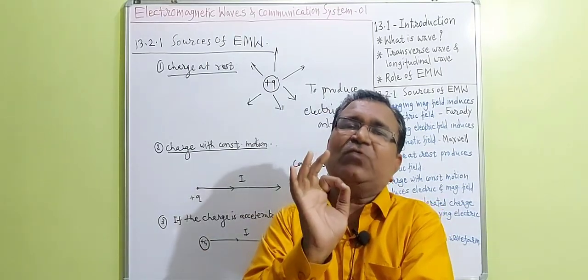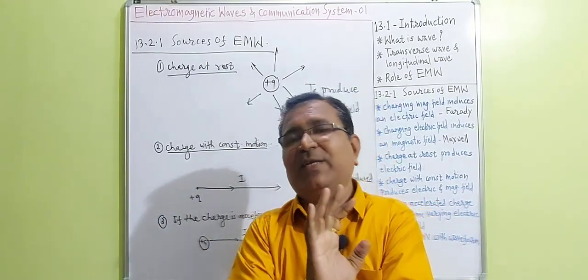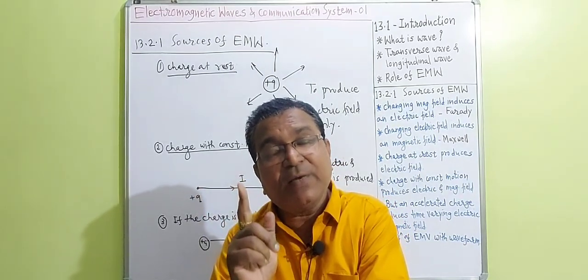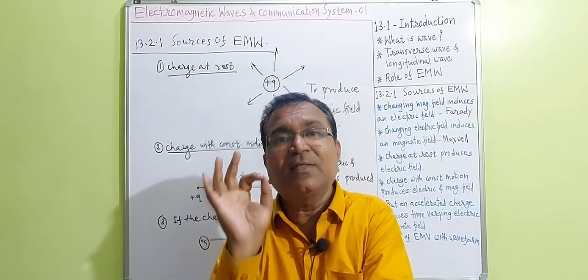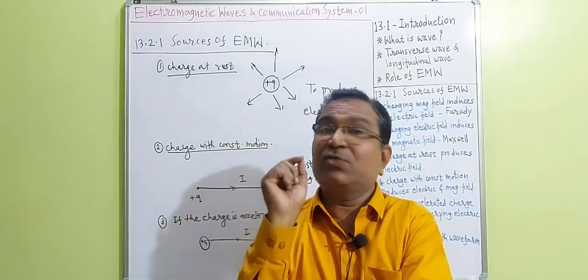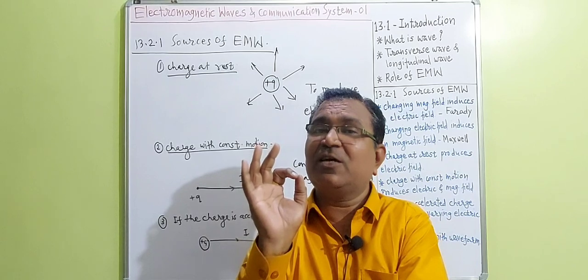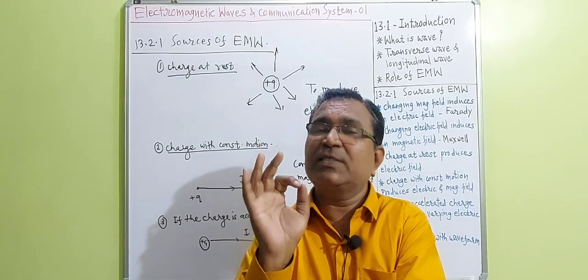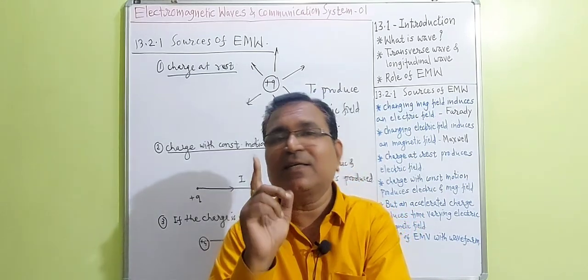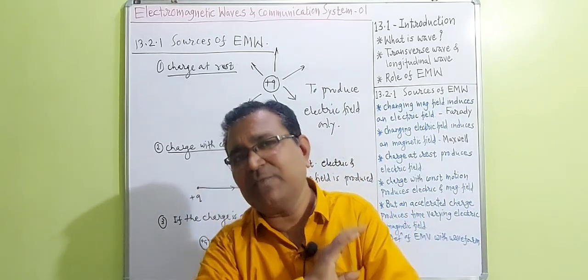Concentrate on this sentence. In which condition do we get time varying electric field and time varying magnetic field? Only if and only if the charge is accelerated. So acceleration of the charge produces time varying electric field and time varying magnetic field.